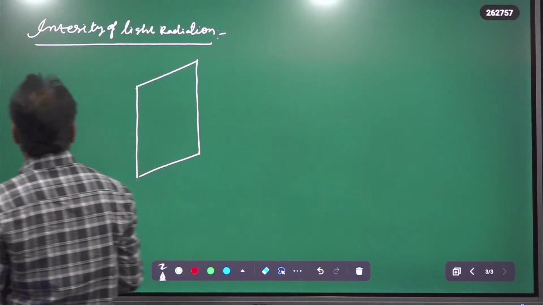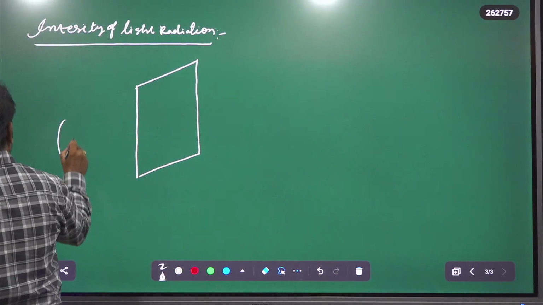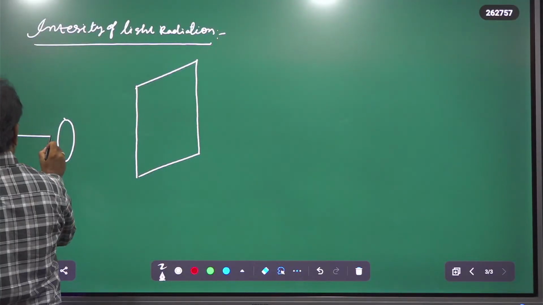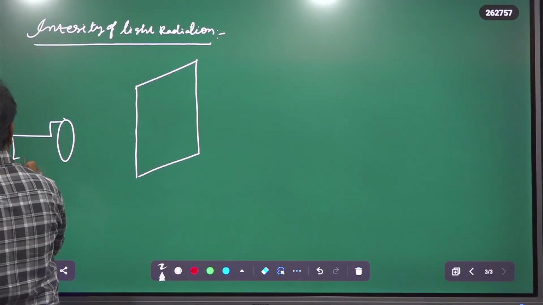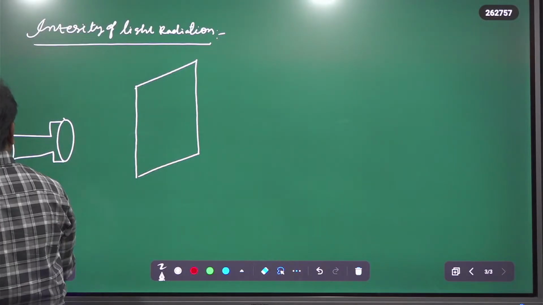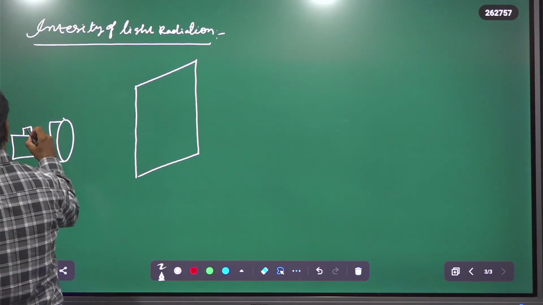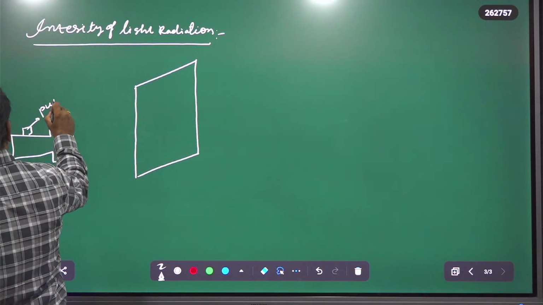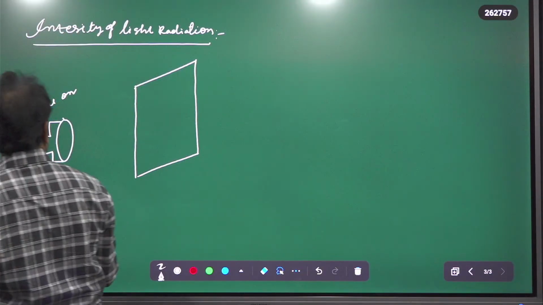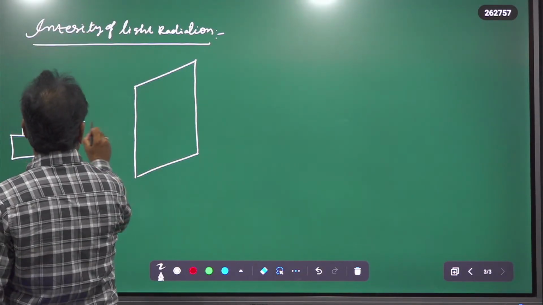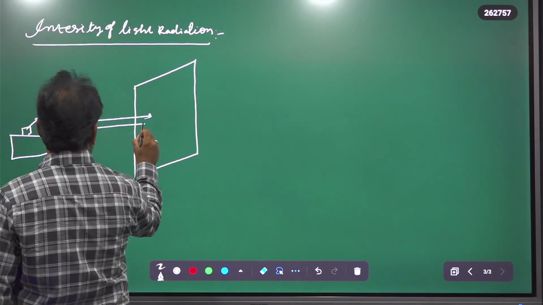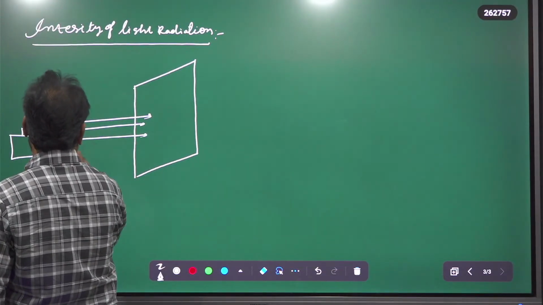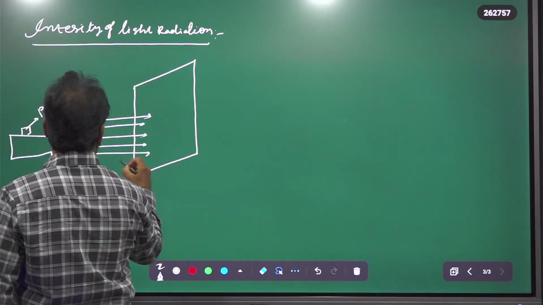When a torchlight is focused like this and the switch is put on, the light radiations propagate like this, a beam of light radiations falling on the surface area.